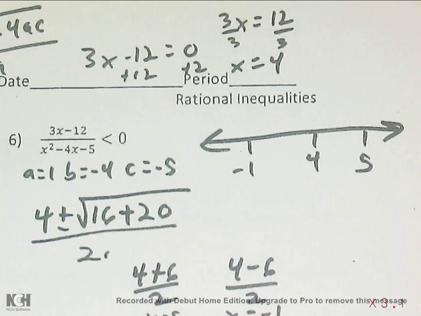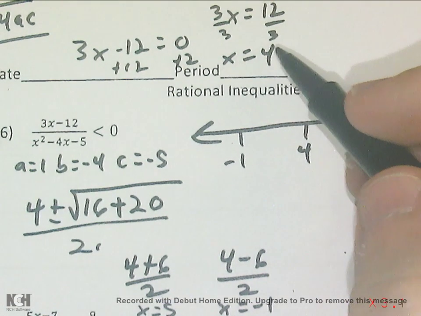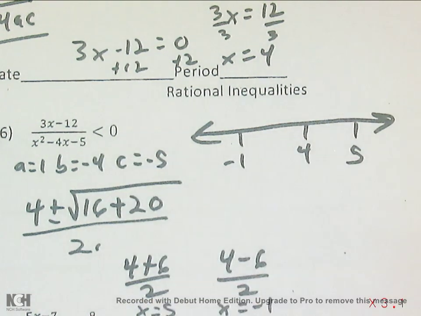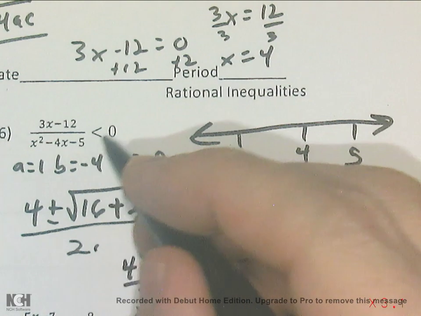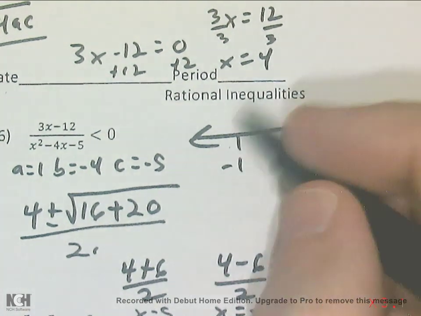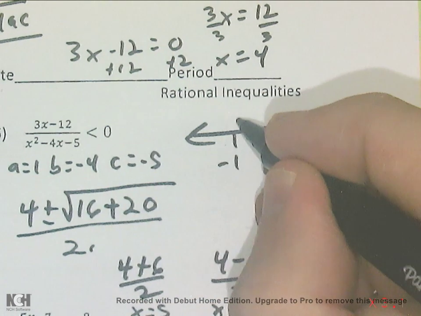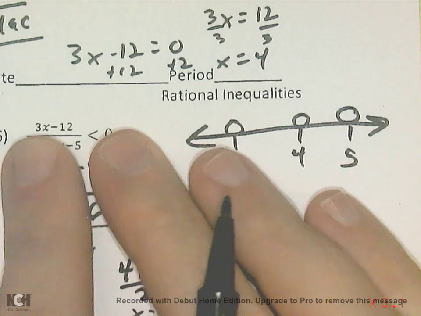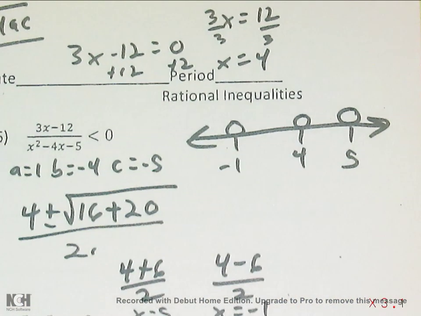Now, my solution on the top was 4. I guess it doesn't matter because there's no line underneath of it, so all of these would have to be open circles. But if this had been a closed circle, the 4 would have a closed and the others would be open because these are from the bottom. But since this is a regular inequality, all of these are open circles. And then I've got to test all of these to see if they work.